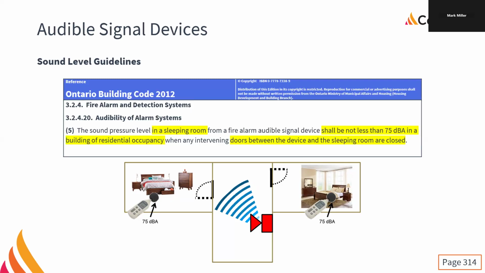Often now you're going to see speaker strobes or horn strobes installed right in the bedrooms. Right? It might be like we see here in a hallway serving two bedrooms, but depends on the layout. We could end up with them right inside. So that's maximum 100 for anywhere, minimum of 75 for building of residential occupancy in the sleeping rooms.